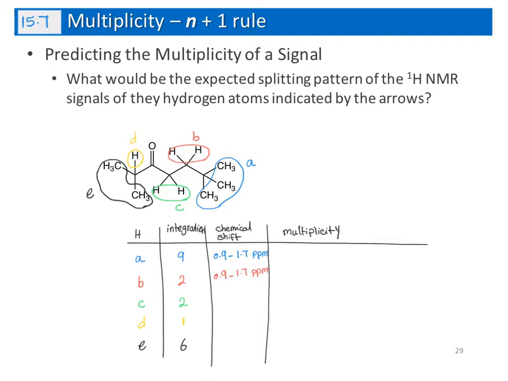Now for the green hydrogens, this hydrogen is connected to the carbon, and that carbon is connected to the carbonyl group, right? So we expect to see them from 1.5 to 2.5 ppm. Now the yellow hydrogen, this yellow hydrogen is connected to the carbon. That carbon is also close to the carbonyl group.